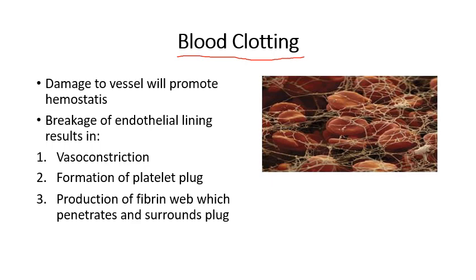What's going to happen when you break the lining? The endothelium, that is the epithelium that makes up the blood vessels. When we talked about vasoconstriction, say the blood vessel is this big, would you want lots of blood flowing through here after you've cut it?